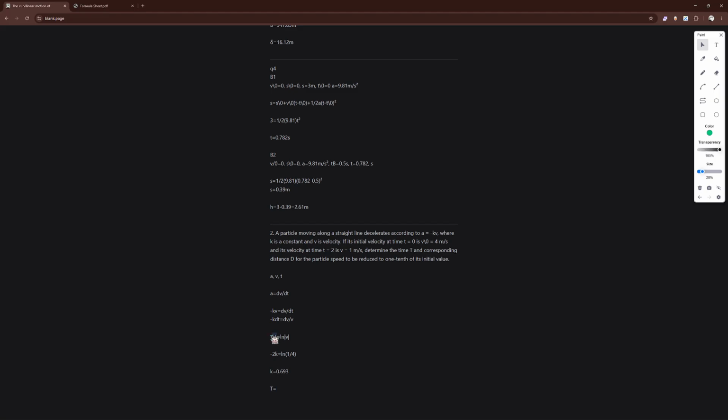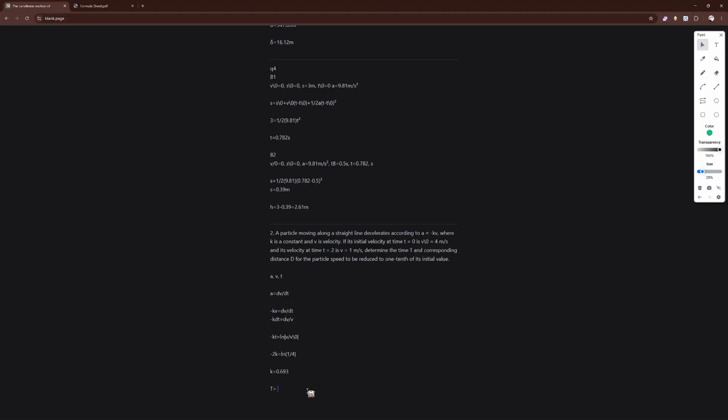Go back to this function here. This should be v over v naught, by the way. I know that looks kind of weird because of the double slash, but you know the notation, it's fine. So you're subbing in capital T equals t, and dividing by negative k on both sides.